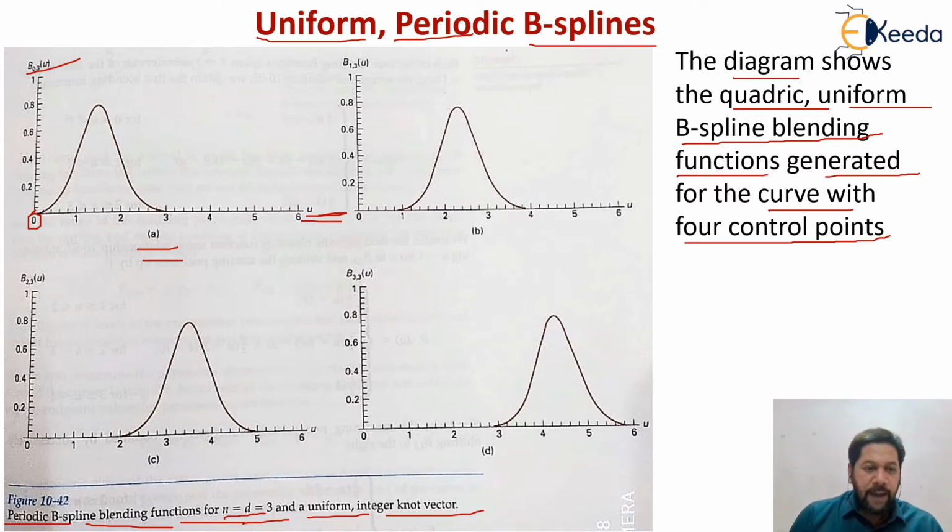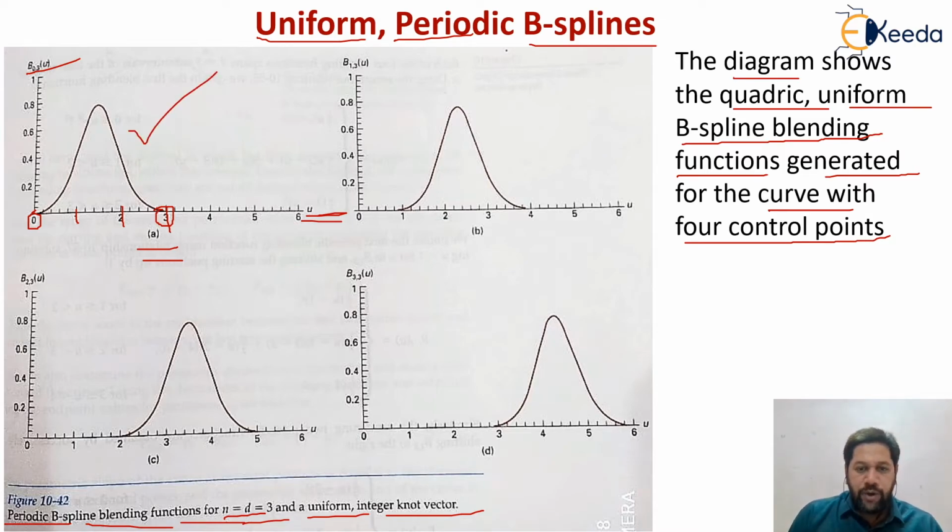And what is my d? I have minimum 3 control points here, 1, 2, 3, so obviously it ends at the value 3. These are the sub intervals that I have, 1, 2 and 3, and that is my value of d. So this is my starting point and I get a shape like this.